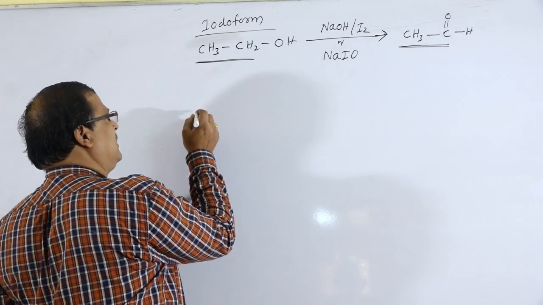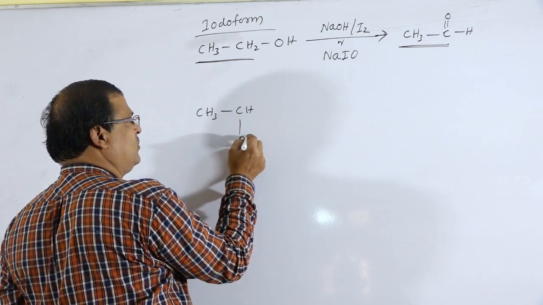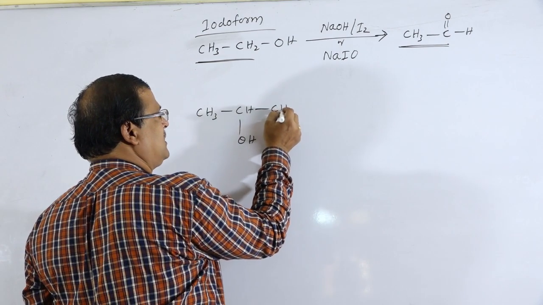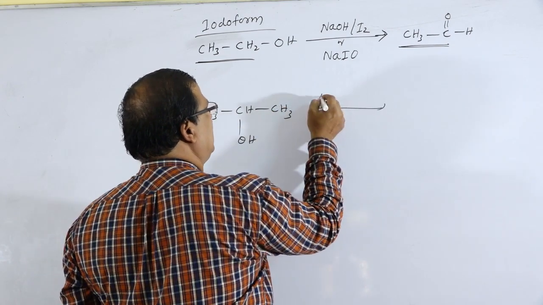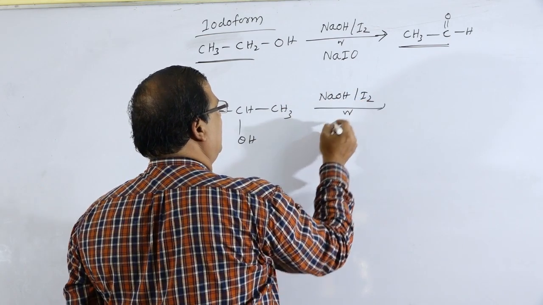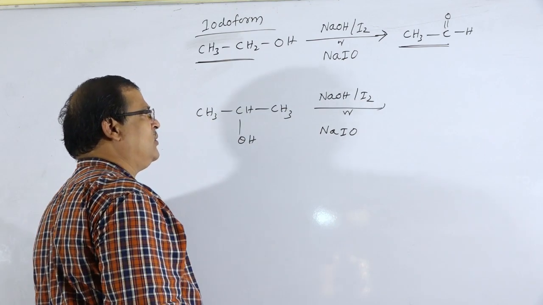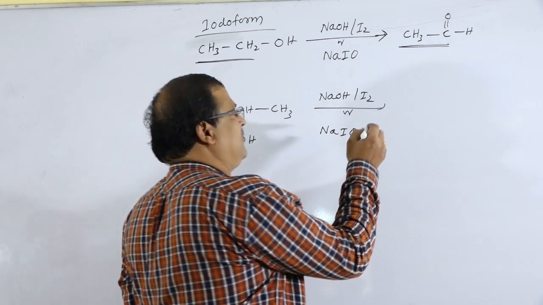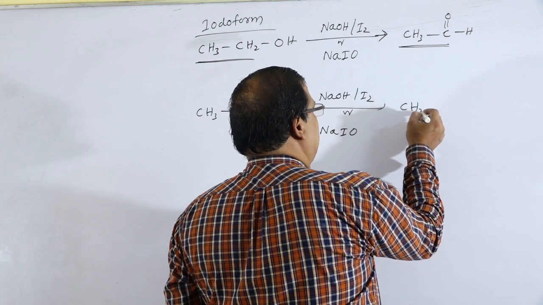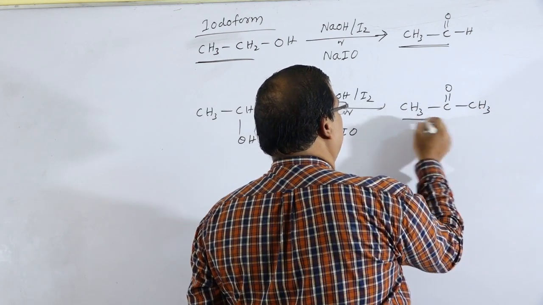If we take CH3CHOHCH3 with the same reagent, NaOH and I2 or NaIO, there is the formation of CH3COCH3, the compound acetone.